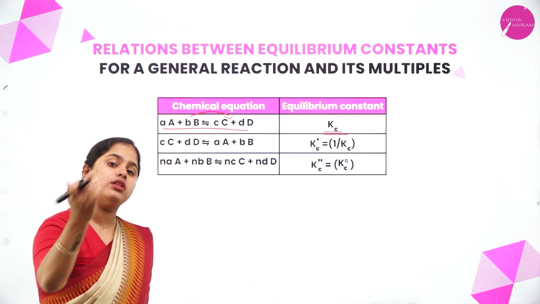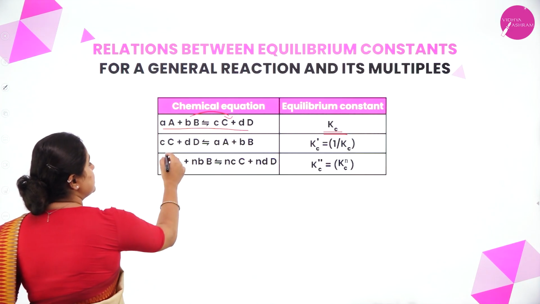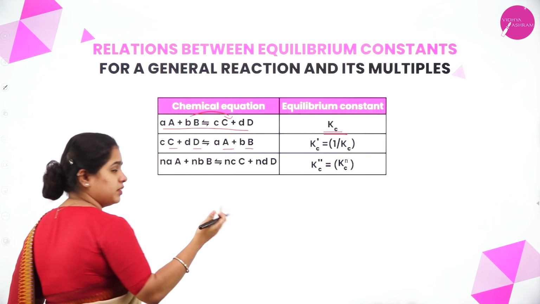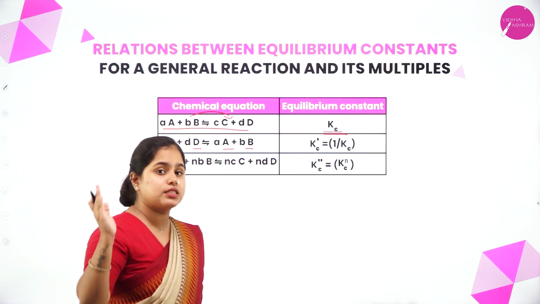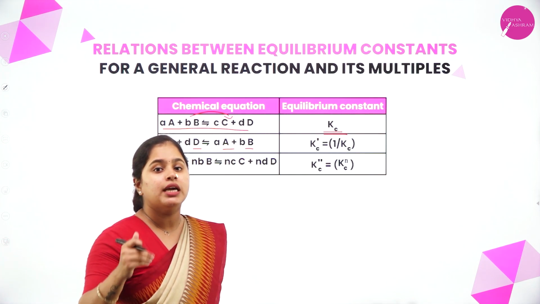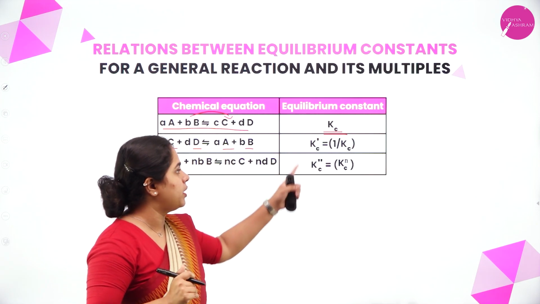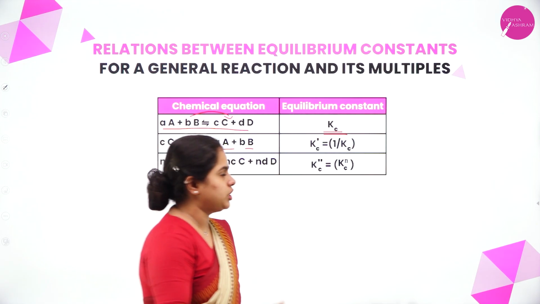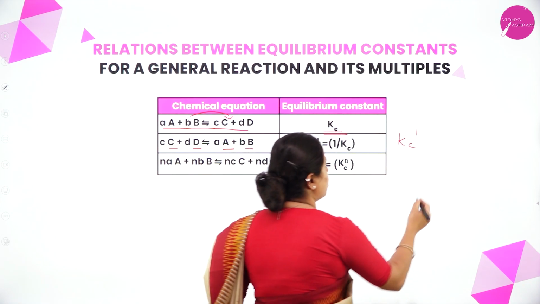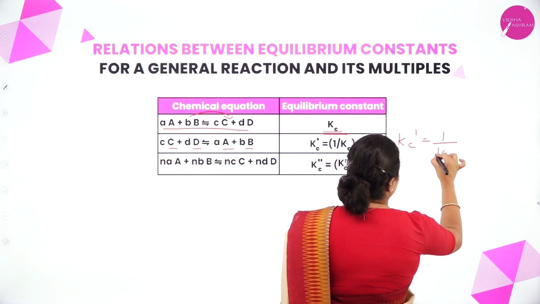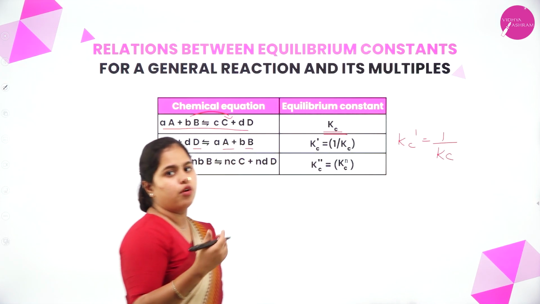Now we are considering the backward reaction, that is C and D will combine to form A and B, which is the backward reaction. Now what will be the equilibrium constant? We have already discussed this in the first session. So what happens? It will be inverse of the equilibrium constant of the forward reaction, right? So the equilibrium constant for the reverse reaction or the backward reaction will be the inverse of the equilibrium constant of the forward reaction.